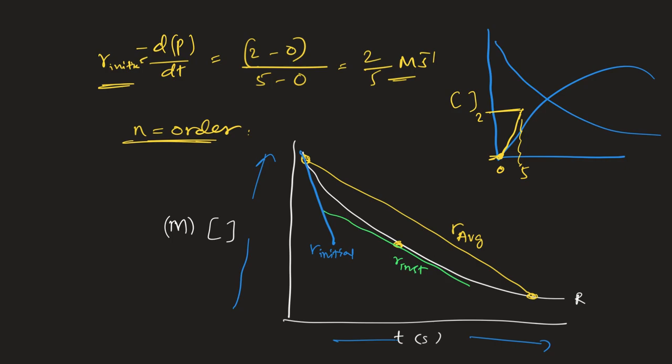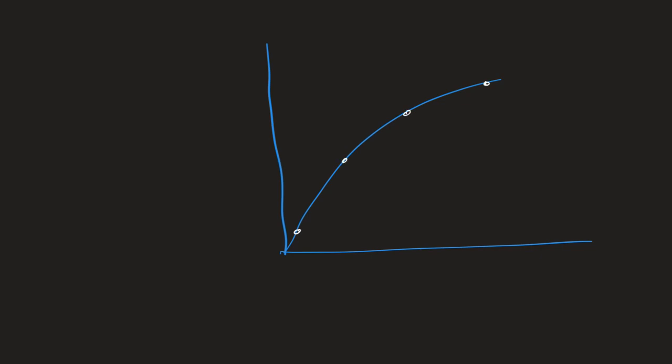Now with respect to the product, this can be drawn like this. Then now we have this is one point, this is one point, this is one point, this is one point.